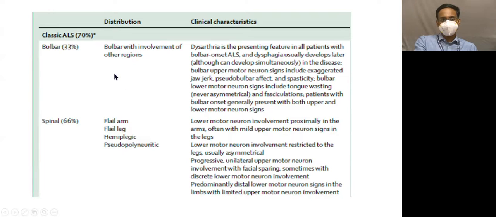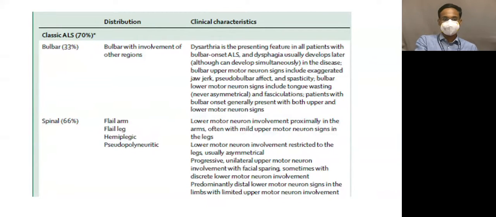It's important to understand that the bulbar involvement is always symmetrical, and that you don't see wasting of one side of the tongue alone, or wasting of one side of the face alone. That is not common. So it is always important that this is symmetrical involvement in the bulbar region, unlike the limb, which is asymmetrical. So if you get a patient who has a tongue wasting which is asymmetrical, please, we will not consider ALS as the first differential.